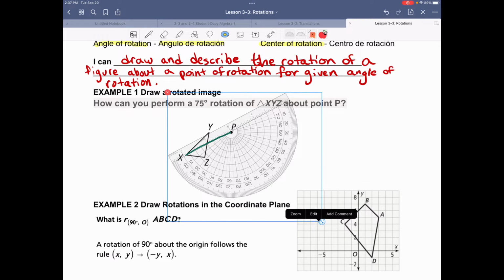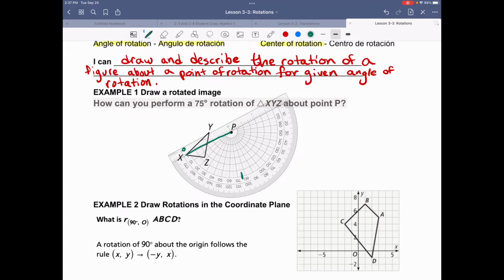Now I want to rotate that line 75 degrees. I'm starting at X, and I'm counting X to be 0, so that's my 0 degrees. I'm going to count 10, 20, 30, 40, 50, 60, 70, 75.